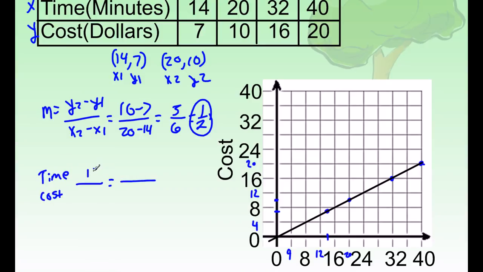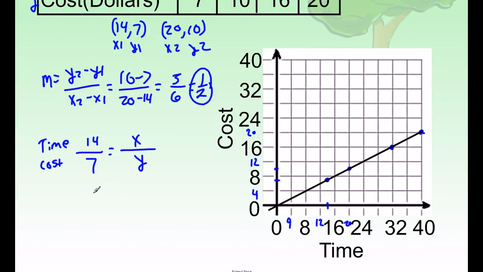And so if the time was 14, the cost was 7, and then just our random general variables x and y. If we cross multiply this, we get 14y and 7x. If we solve for y, as we typically do in these problems, divide by 14 on both sides, y equals 1/2 x.